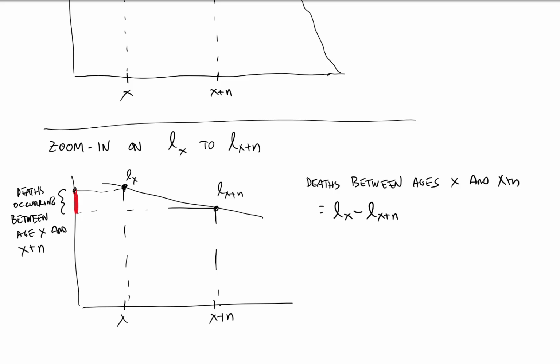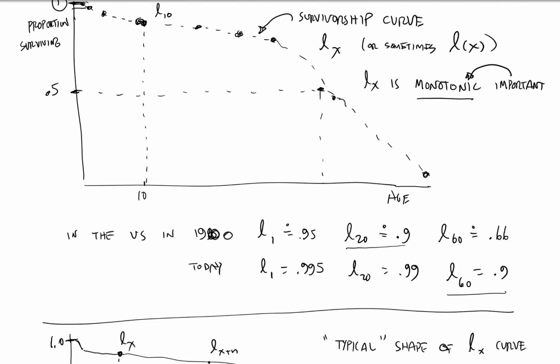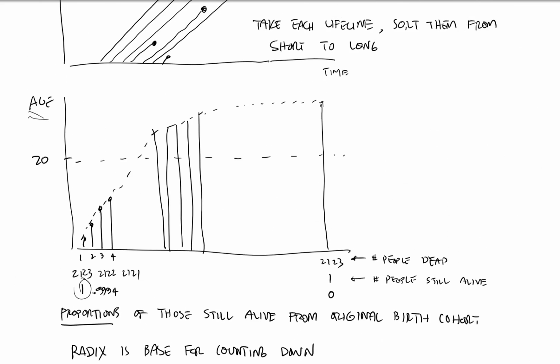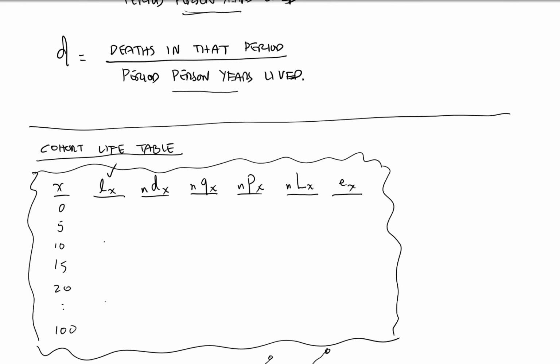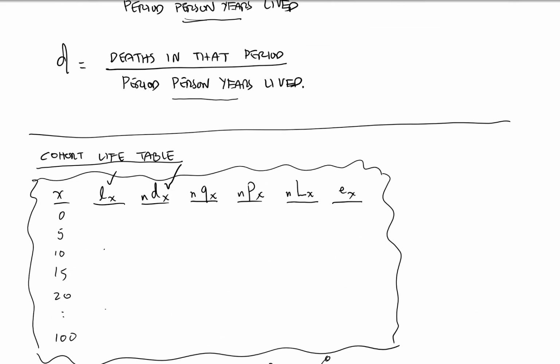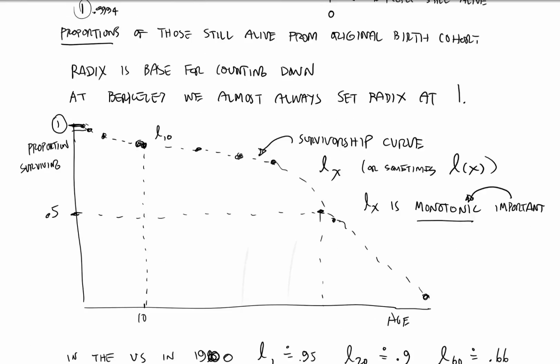This is the L of x height, and this is the L of x plus n height. So that difference is L of x minus L of x plus n, and we call that n dx. That's the number of deaths that occur between ages x and x plus n, and that is going to be the second column of our life table.